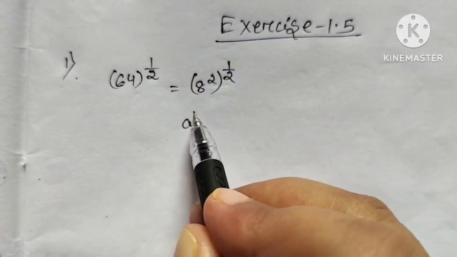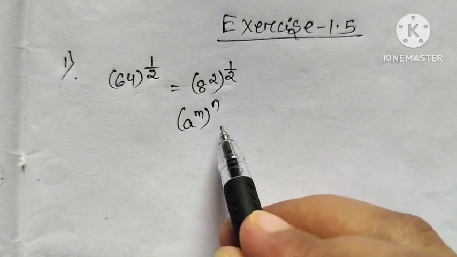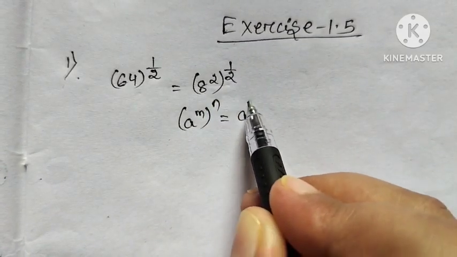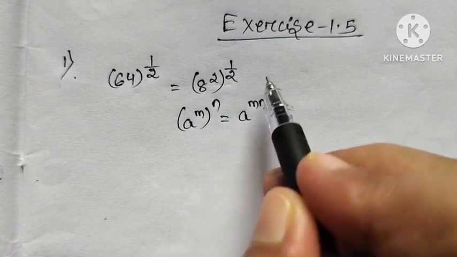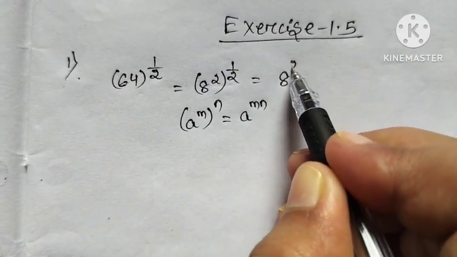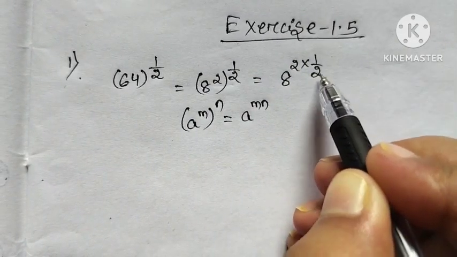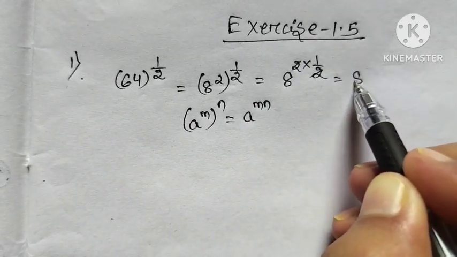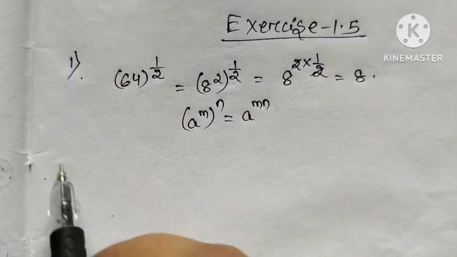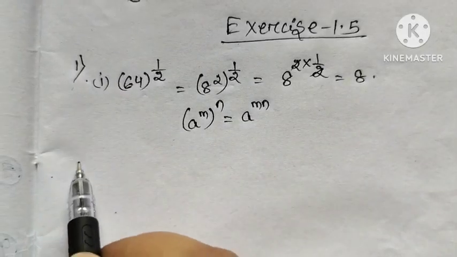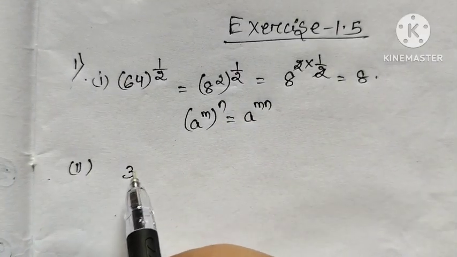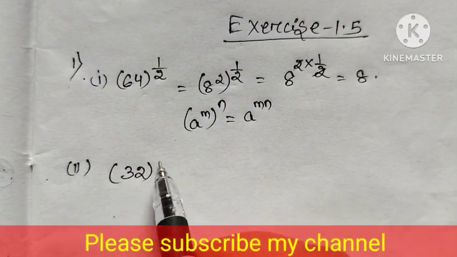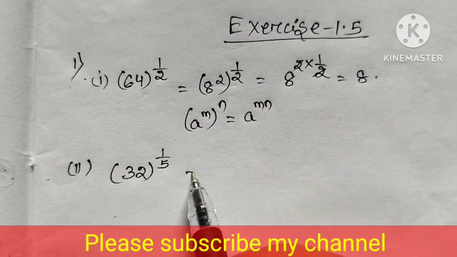This is the formula of a to the power m, whole to the power n, which is a to the power mn. That is 8 to the power 2 into 1 by 2. The 2s cancel, then the answer is what? 8.